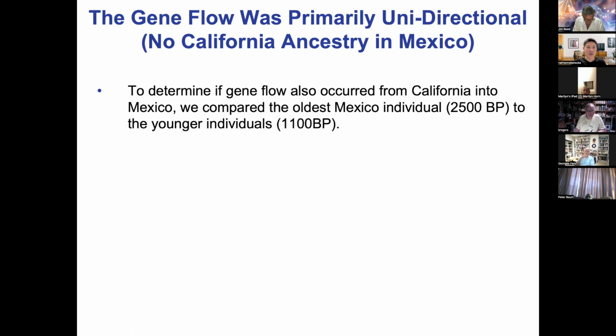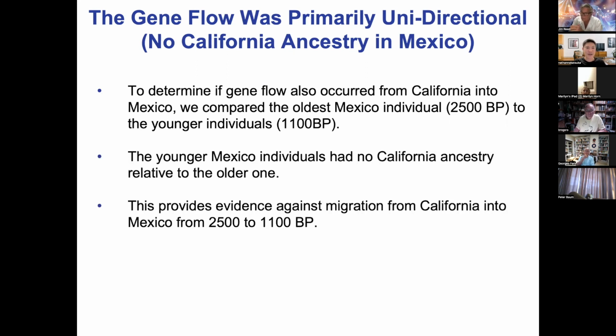One way to do this is that we had 3 Mexico individuals who were older than 2,000 years old, and we compared them to the younger individuals, and we saw that the younger Mexico individuals had no evidence of California ancestry relative to the older ones. So this provides evidence against migration from California or the Great Basin as well, because we also tested that. It provides evidence against migration from California to the Great Basin during this time period.